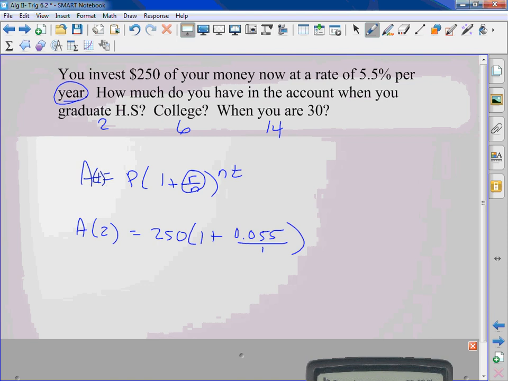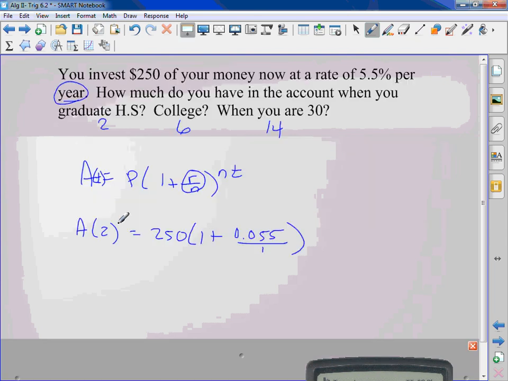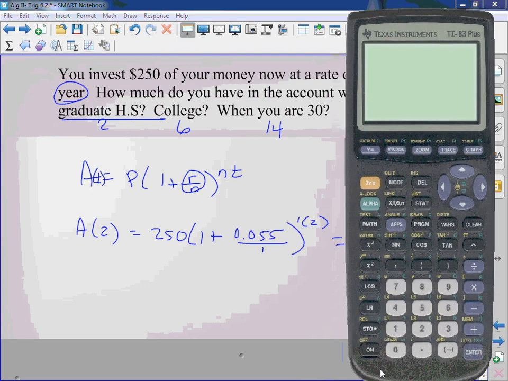Why is it divided by 1? Per year. N stands for how many times per year, and this is only happening yearly. So it's technically 1 times 2, because it's 2 years. For high school, it's 2 years.